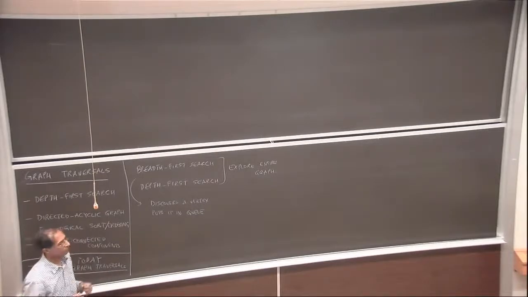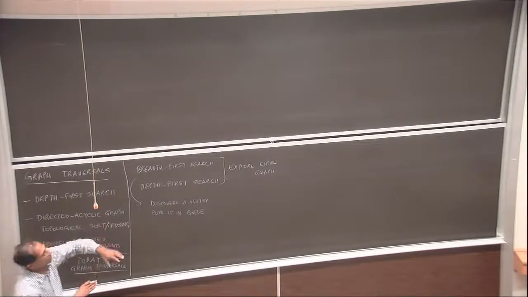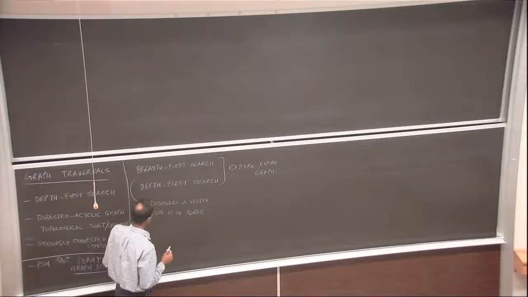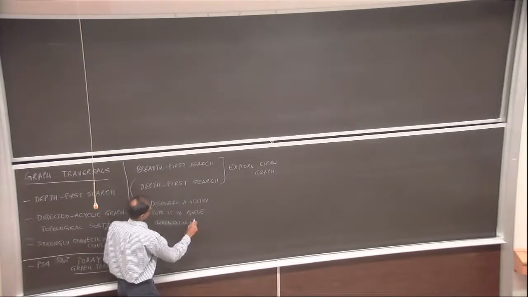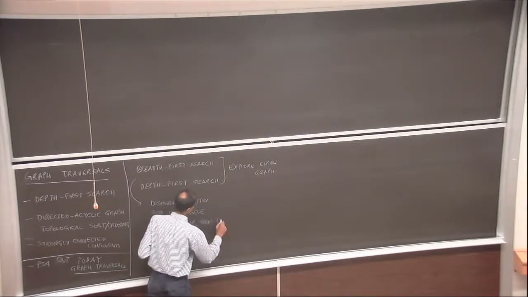So you first start from a vertex, look at all of its children, discover the vertex, put it in the queue. Then exploring visits, goes through all edges.